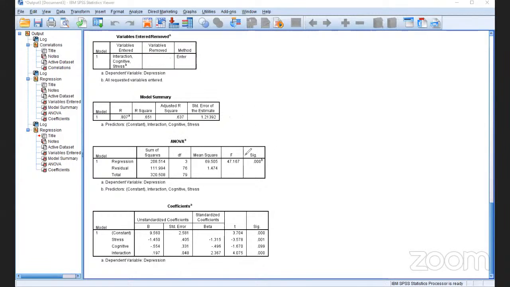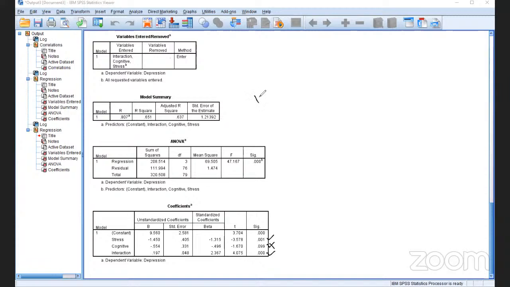Stress is significantly related with depression, but negative cognition is not significantly related with depression. But the interaction term is significant, meaning the moderator is working because its value is less than 0.05.